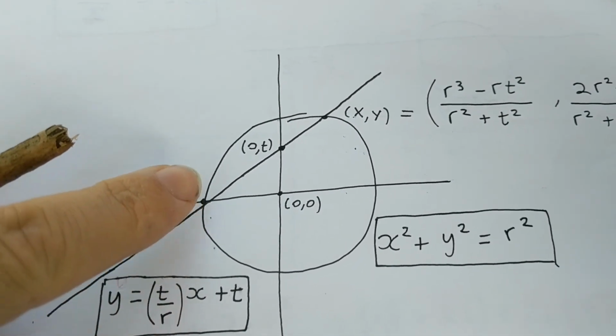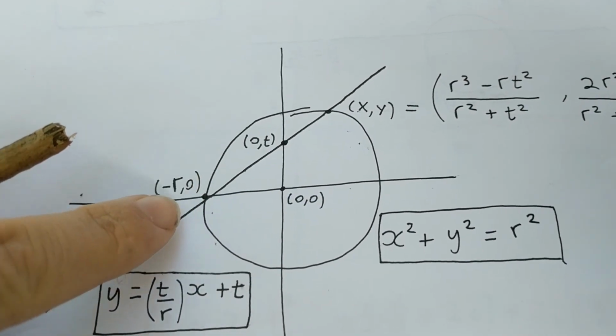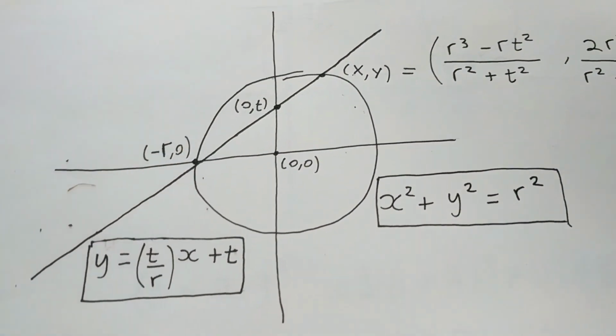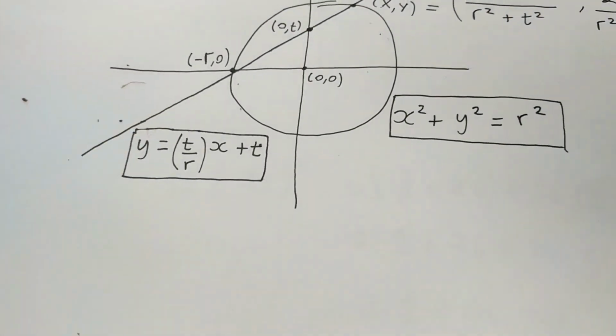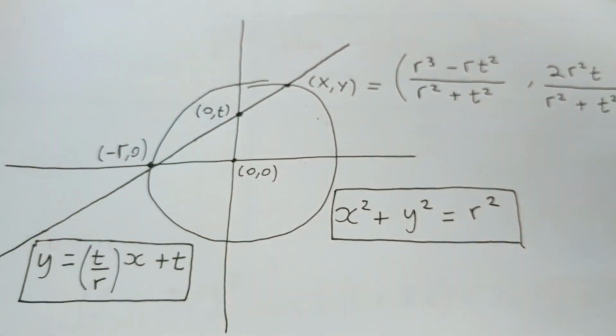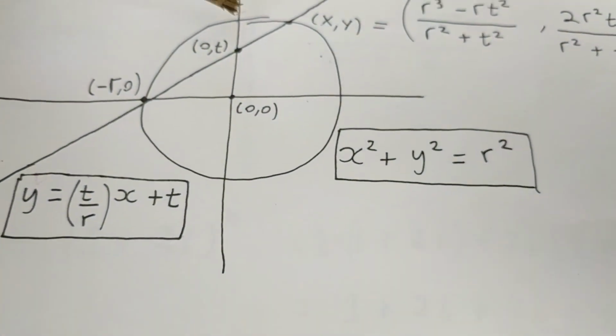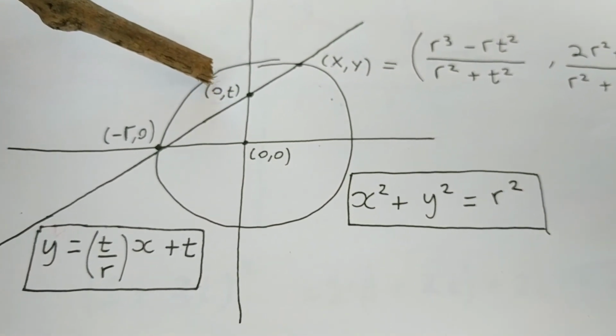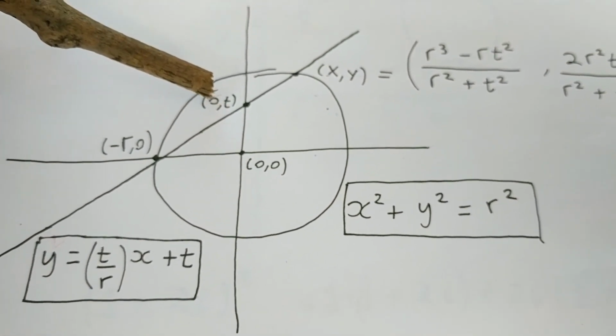And what we're going to do is draw a line through that point, and this line is going to go through this point, and it's also going to go through this point. So this is the point which is 0 across and t up.